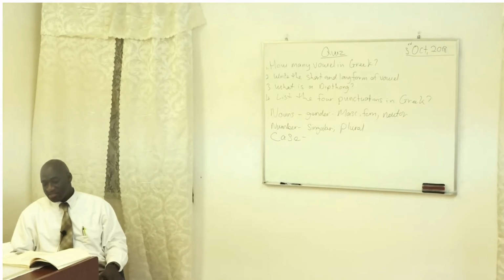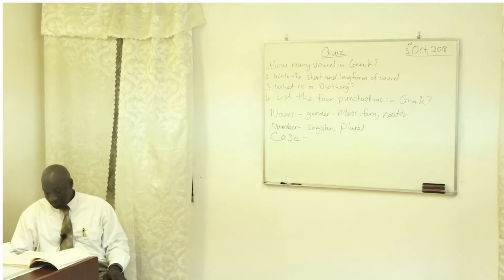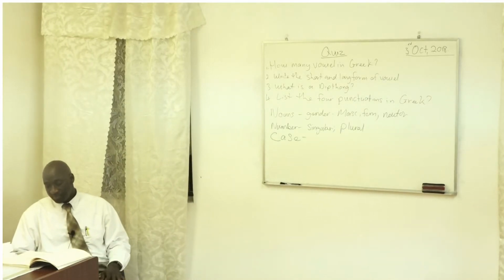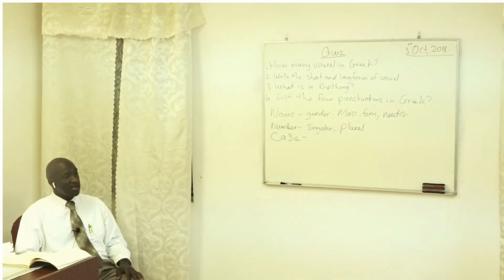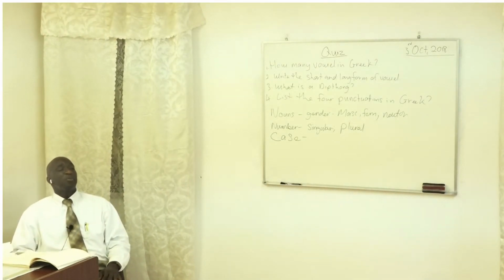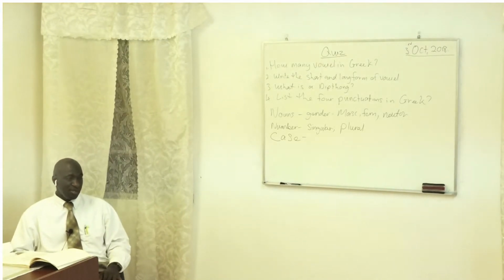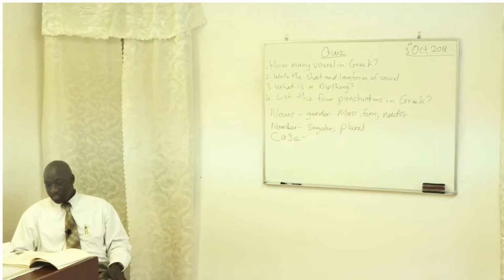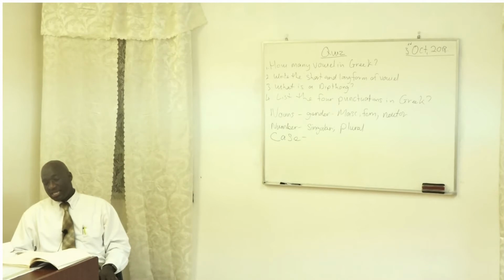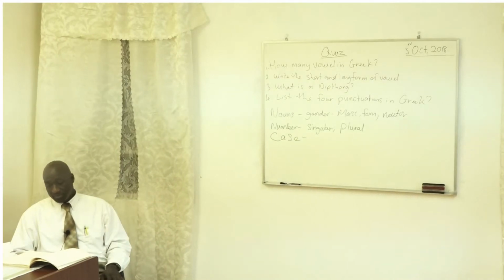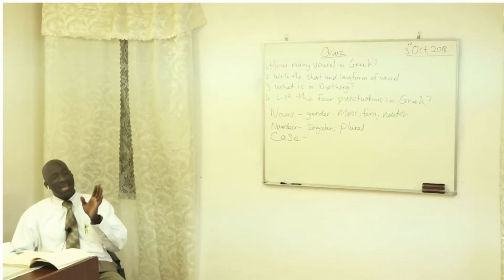English manufactures the nouns out of verbs by making gerunds, adding ing. This is the example: swimming is fun. So in English, we add the ing, which makes it a gerund. What does the Greek do in the infinitive? The Greek language does this by using infinitives. It wouldn't add the ing.